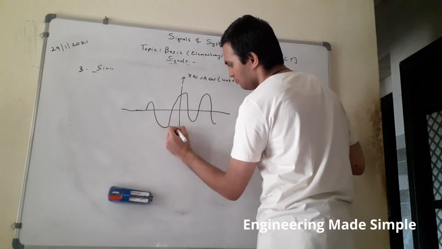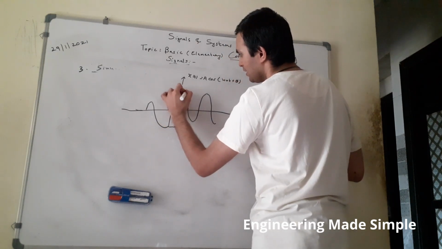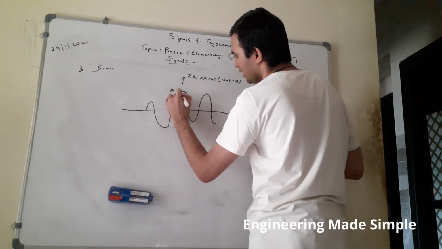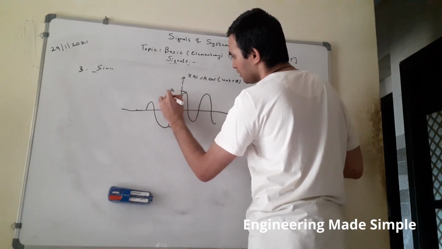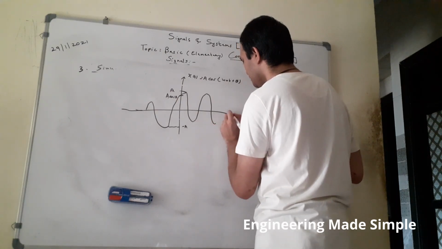Now this was the amplitude. Here it is minus a because it is the negative axis, here it is the positive axis, and here the intersection point is a cos theta. This is the time axis.